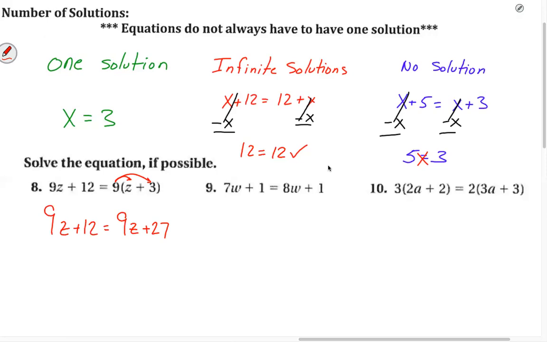I can't add 12 to something and add 27 to the same thing and get the same number. It doesn't work like that. Now, if I don't see it, I'm going to keep going. Let me take away that 9z. Let me get all my z's to this side. They cancel. I'm left with 12 equals 27. At this point, I would say that's not true. It's no solution.